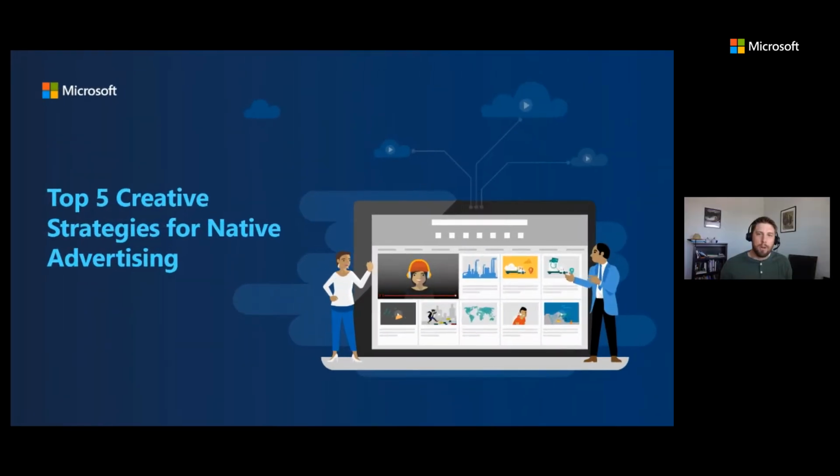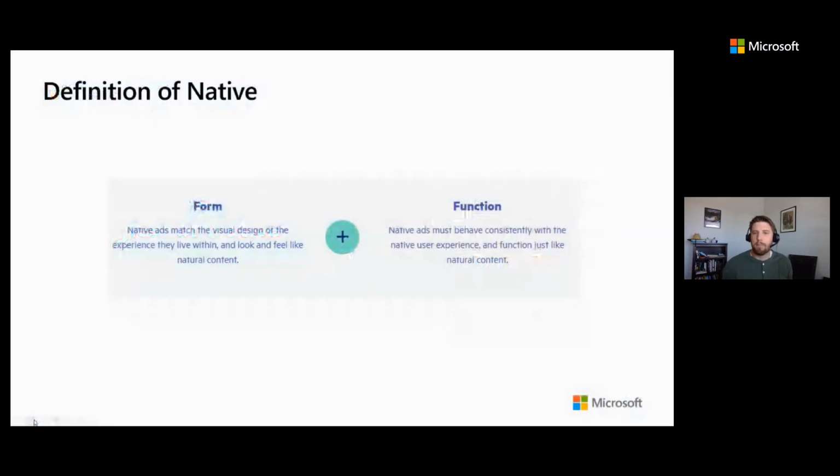So I think what's really important when talking about the creative strategies for native advertising is to really understand what native is, and how it's different from maybe traditional display. So first and foremost, the form of native ads. Native ads match the visual design of the experience that they live within, and they look and feel like natural content on the pages and the domains that they're on.